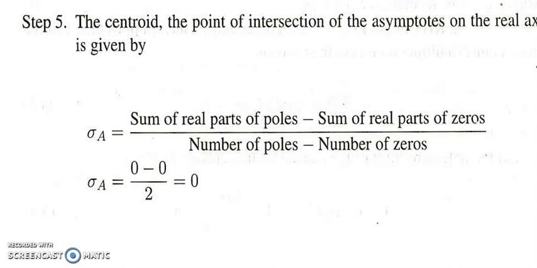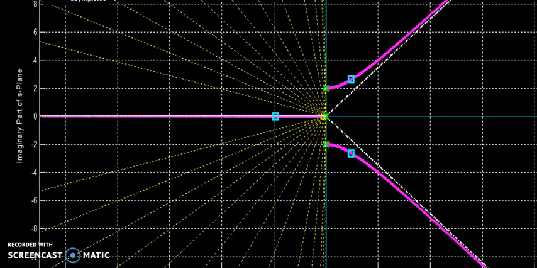The centroid, the point of intersection of the asymptotes on the real axis, is given by the sum of real parts of the poles minus the sum of real parts of the zeros, divided by the number of poles minus the number of zeros. So σa = (0 − 0)/3, which is 0. This means the centroid is at 0.